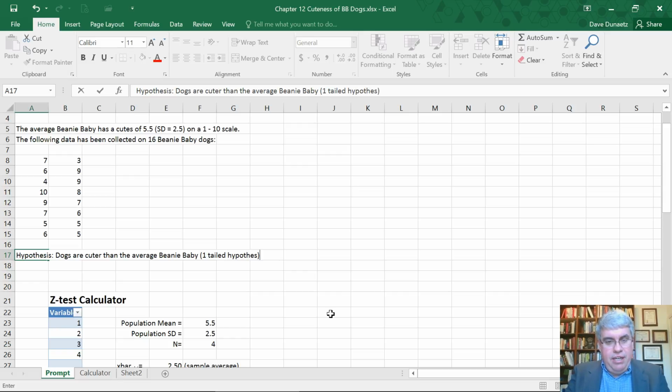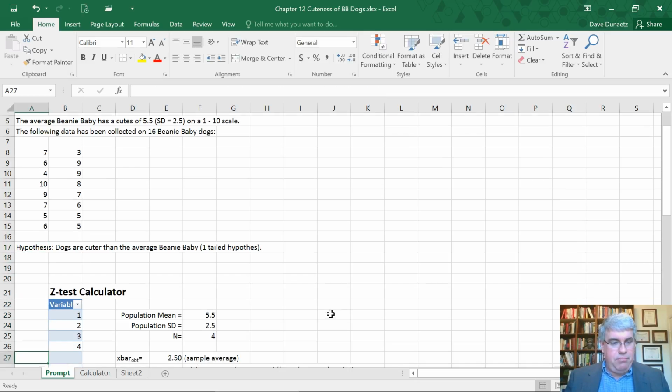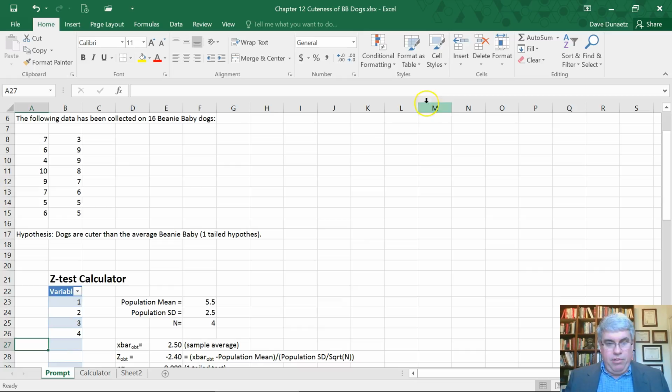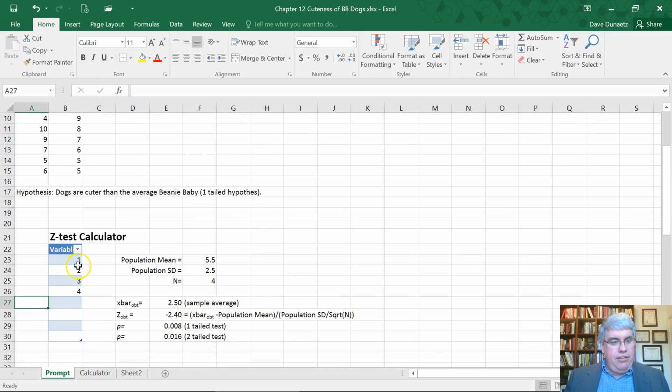This will make a difference because it's easier to find evidence for a one-tailed hypothesis than a two-tailed hypothesis. So let's go down to the z-test calculator. It's got some dummy variables in it. Now we know that the average Beanie Baby has a cuteness of 5.5 and a standard deviation of 2.5, so that's already there. Now let's change this to cuteness.